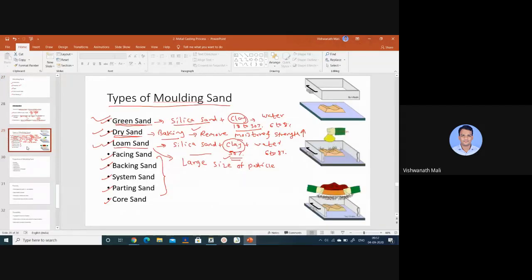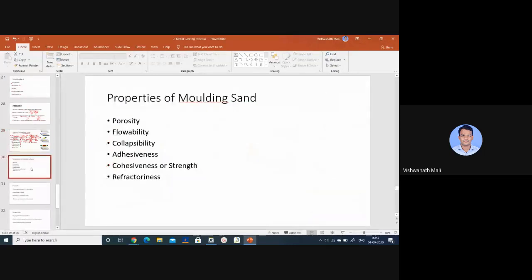In the types we have seen the different types of sands: green sand, dry sand, loam sand, facing, backing, system, parting sand, and core sand. And in the properties we have seen porosity and flowability. The remaining properties like collapsibility, adhesiveness, cohesiveness or strength, refractoriness, we'll see in the next lecture, along with the tests, and we will complete molding sand. Any doubt in this?